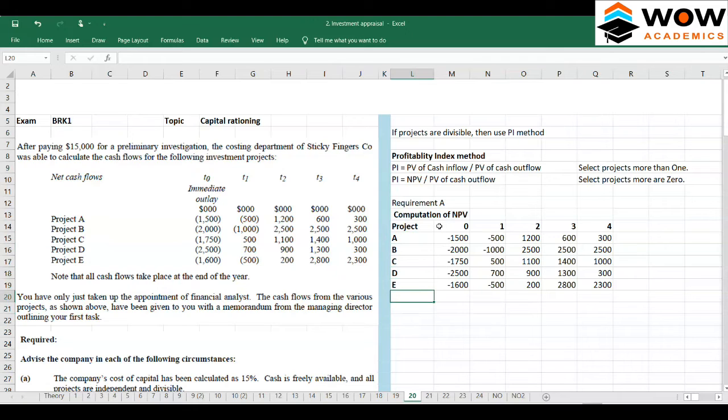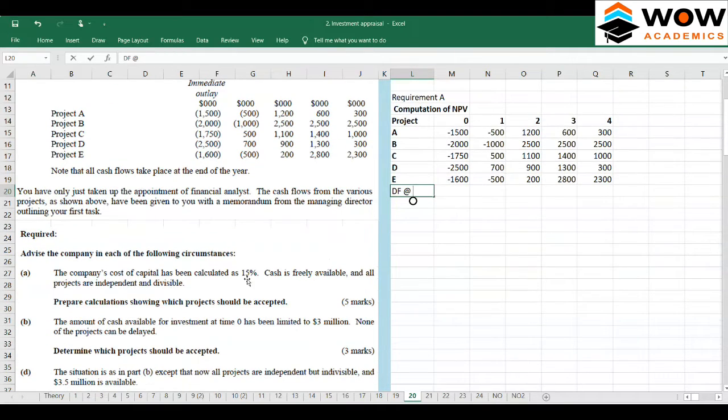We'll work out the discount factor at 15%. It's going to be 1, then the previous number divided by 1.15. Take the numbers for all 4 years.